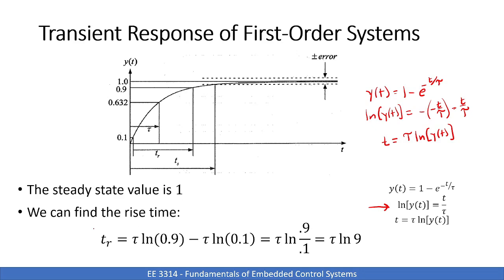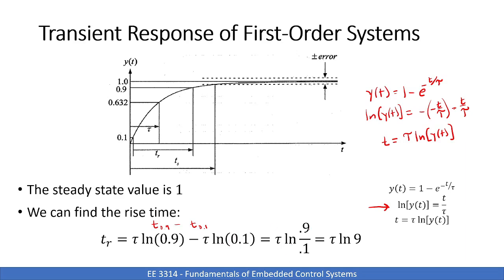So in this case, if we want to find the rise time, we're basically saying the time at 0.9 minus the time at 0.1. Okay, so the time at 0.9 is tau natural log of 0.9. The time at 0.1 is going to be tau log of 0.1. Since these are logs, subtracting logs is the same thing as dividing.